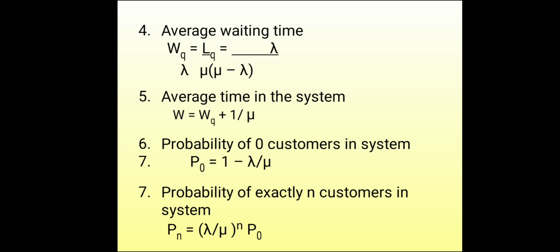The average time in the system is W equals Wq plus 1 by mu. The probability of 0 customers in the system is P0 equals 1 minus lambda by mu. And the probability of exactly n customers in the system is Pn equals (lambda by mu) raised to n into P0.